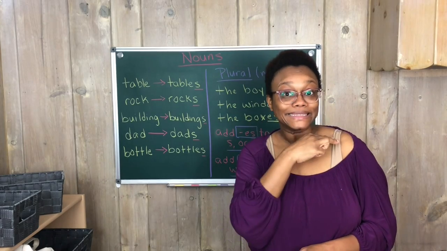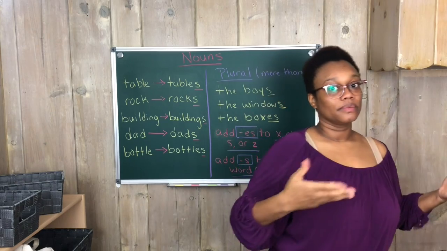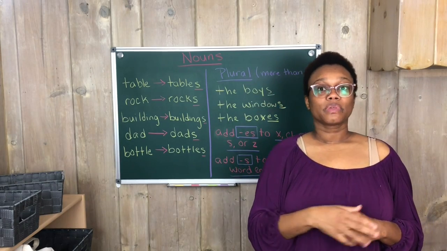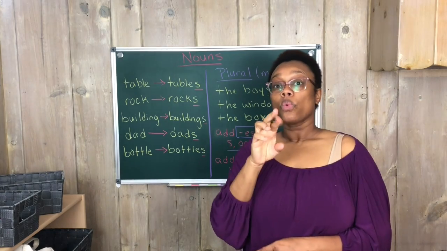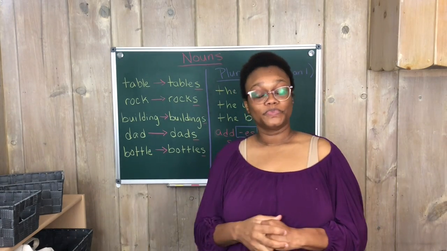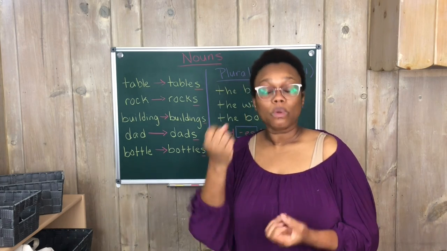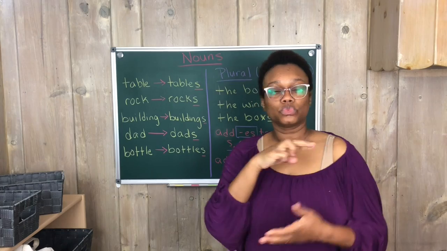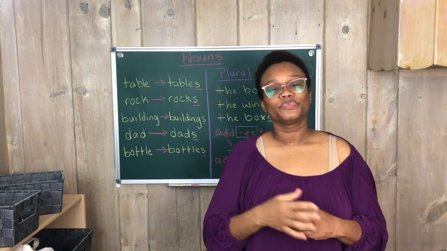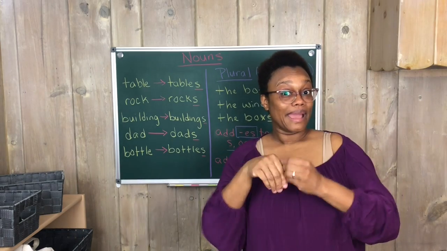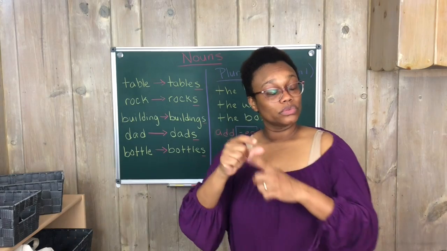So let's review. Nouns are people, places, things, and ideas. Nouns can be singular or plural. Now, for plural nouns, it means more than one. We can add an S or an ES at the end of words.